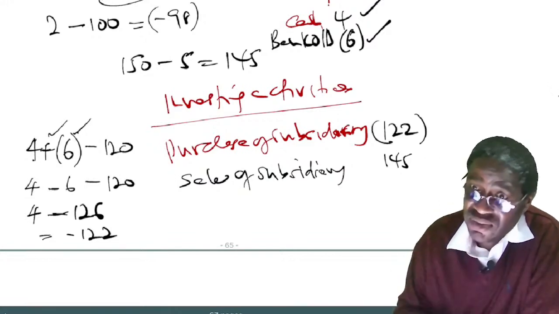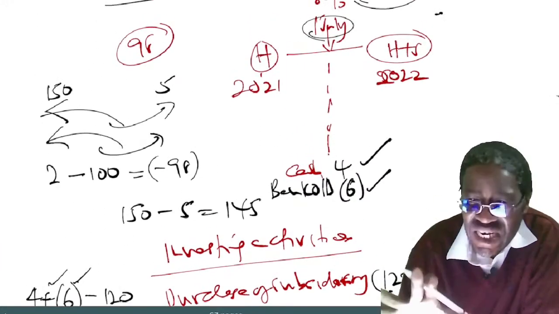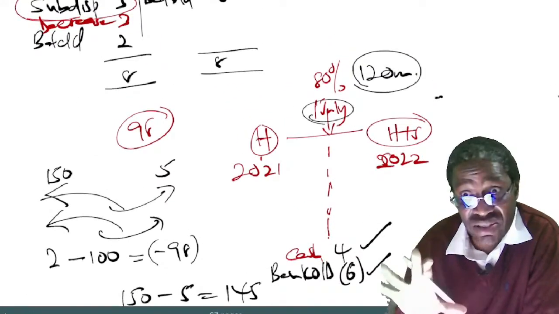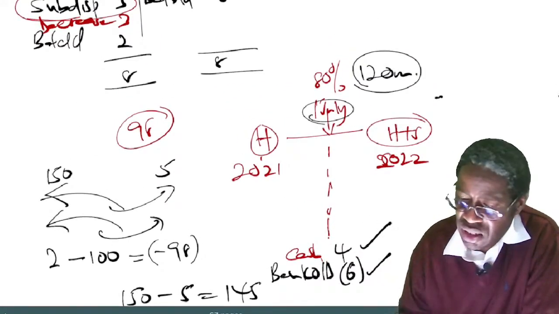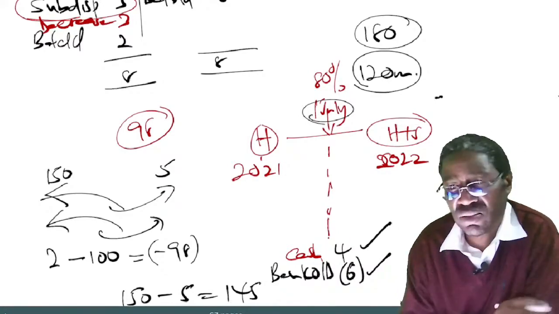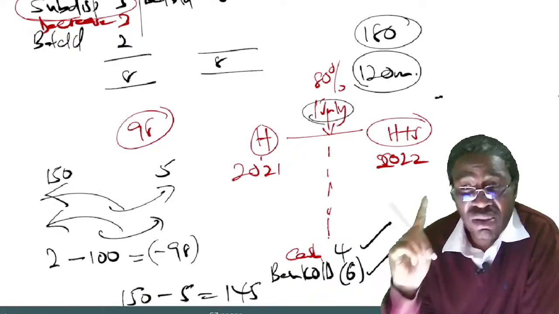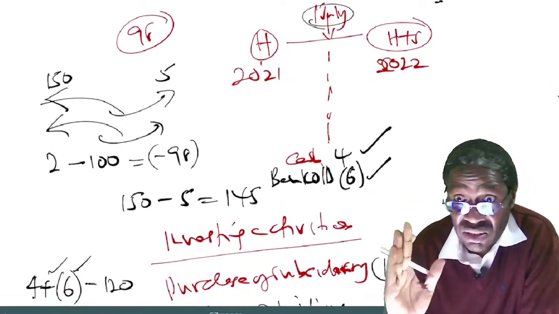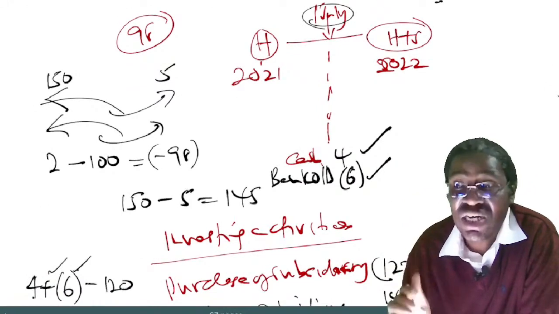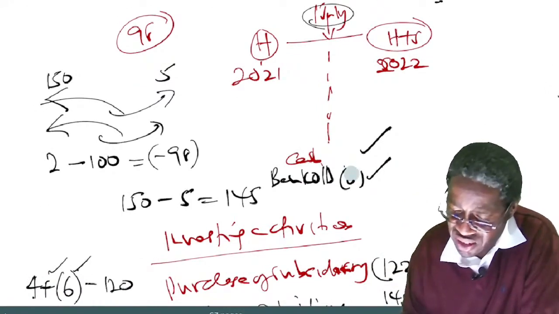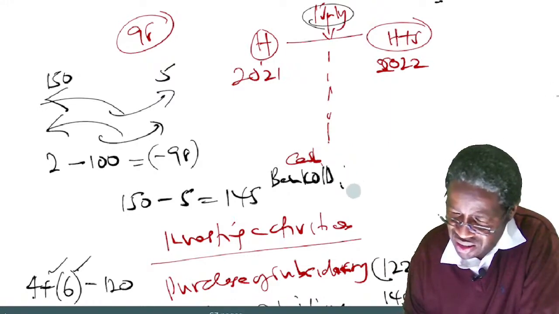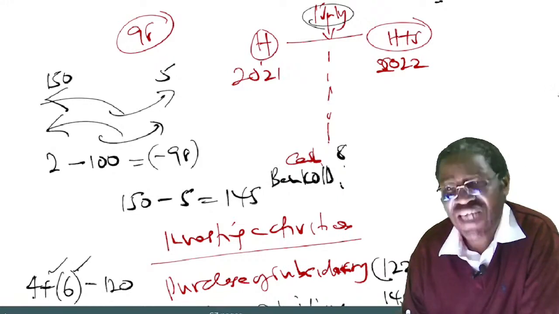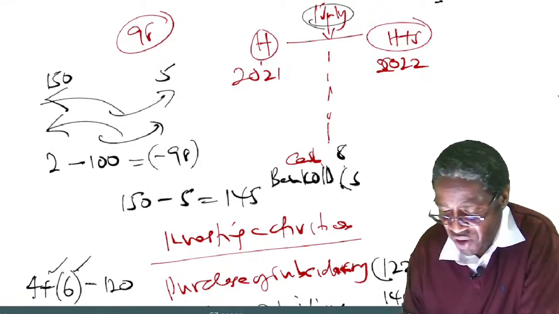Let me give you another one. This time I am selling, not acquiring. Get the point? I am selling. I sold my shares and I sold them for 180 million. Among the things now leaving, not coming in, leaving the group, is cash of 8 million and an overdraft of 5 million.